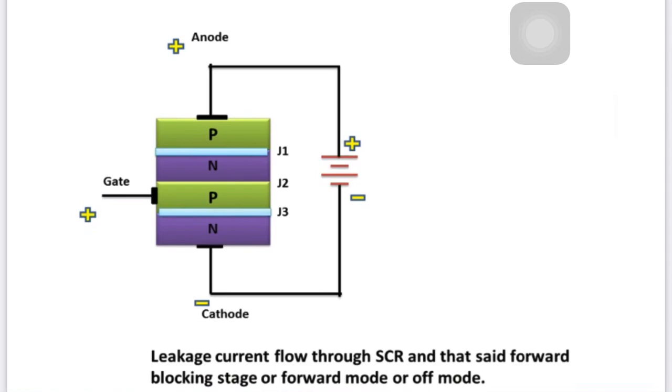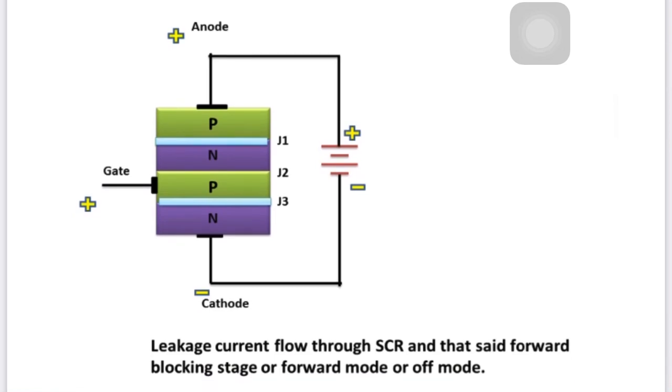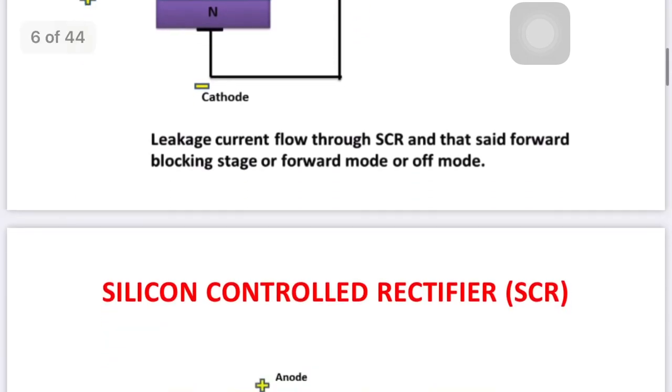But you can see every junction behaves differently when we give the supply from the anode side and when we give the supply to the cathode side. During the forward blocking state or reverse blocking state, there is no current exchange, but some leakage current will flow. This small line indicates the leakage current flowing through the SCR, whether the SCR is in forward blocking state or forward conduction state.